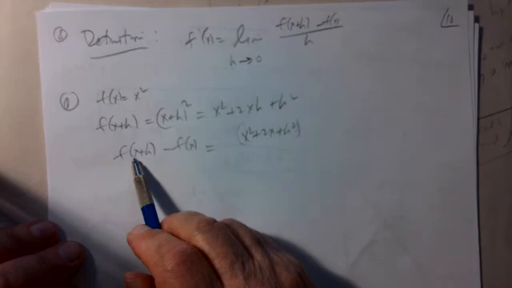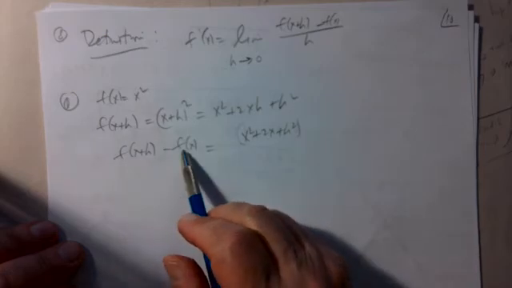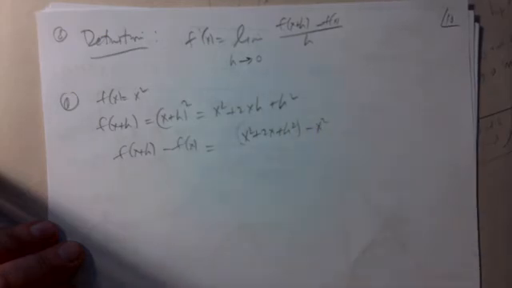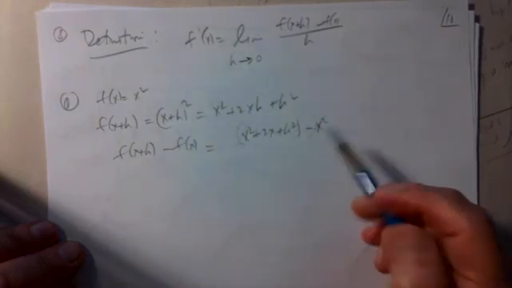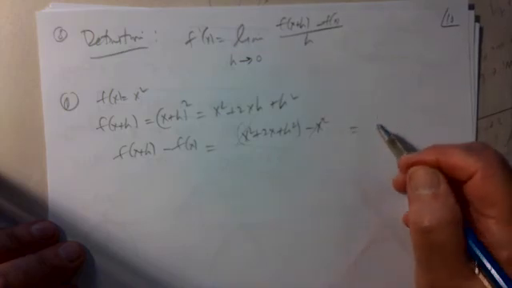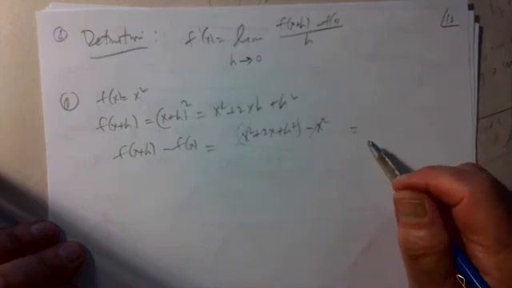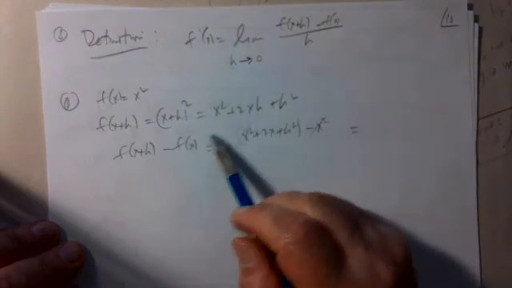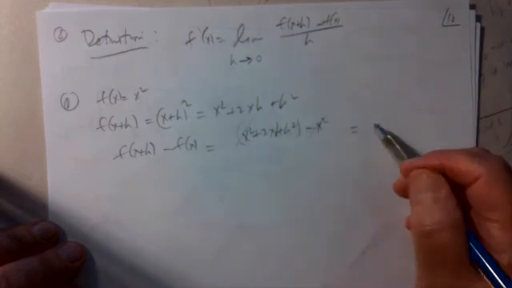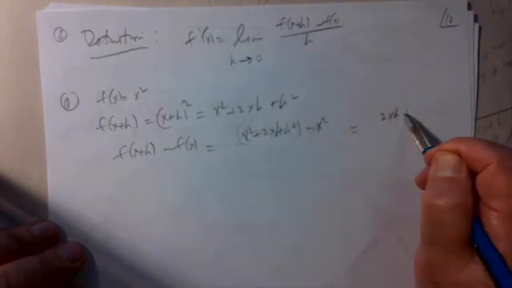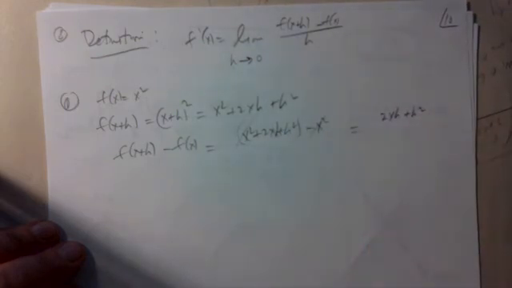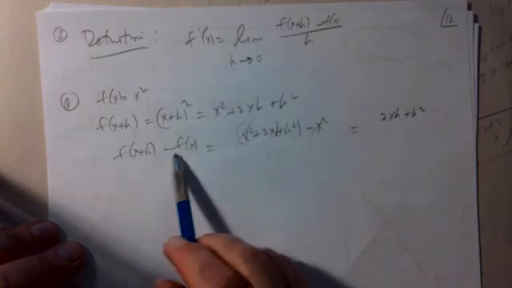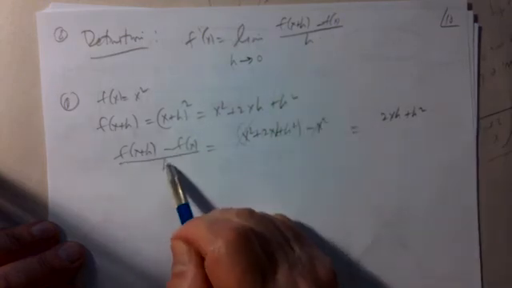That's f of x plus h. Minus f of x, which is x squared. And the x squareds cancel. So you get, sorry, I forgot the h here. You get 2xh plus h squared. And then we're taking this difference and dividing by h.